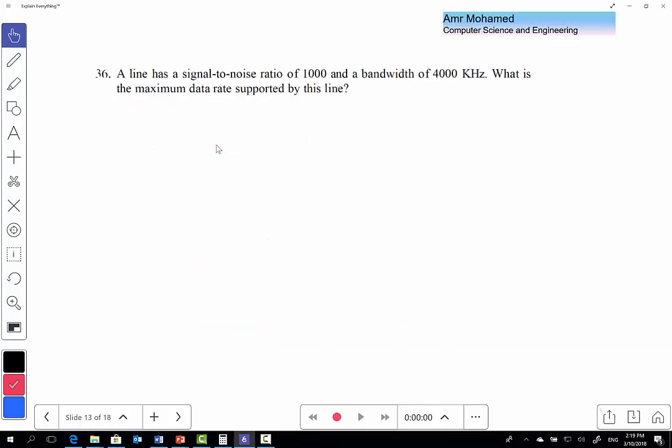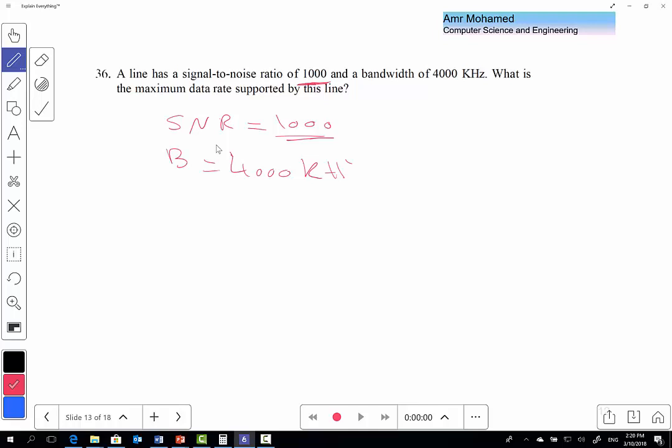All right, so next, a line has a signal to noise ratio of 1000. So SNR equals 1000, and it's unitless. Pay attention to that. Unitless, it's not decibel, which means that this is actually the ratio of the signal power divided by the noise power, and the bandwidth is 4000 kilohertz. Okay, what is the maximum data rate?